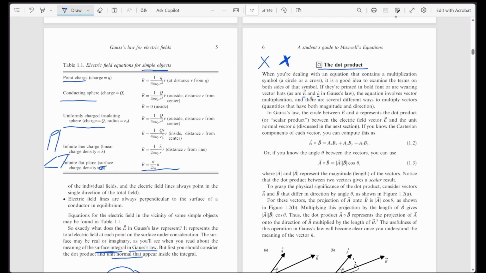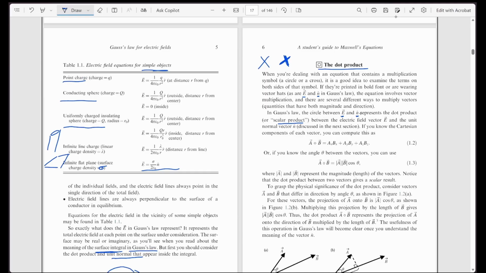The equation involves vector multiplication, and there are several different ways to multiply vectors. In Gauss's law, the circle between the electric field and the unit normal vector represents the dot product, or scalar product, as its result is just a scalar number.